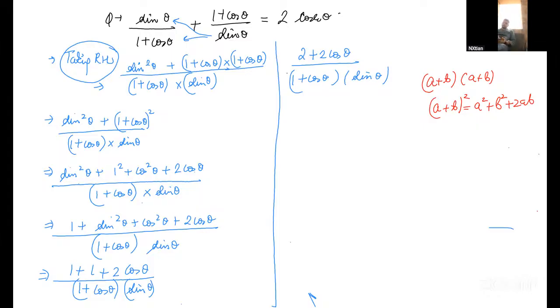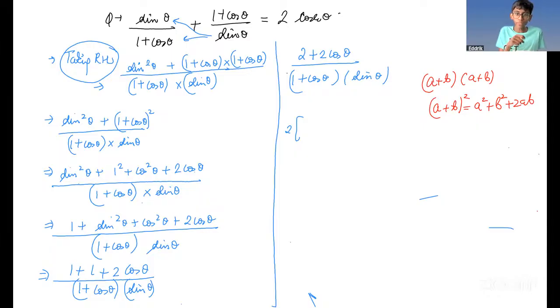Did you understand? Now, can I take 2 as a common from the numerator? If I take 2 as a common, now I will ask this question from Edric. If I take 2 as a common, from the first term 2 is out and nothing is left, right?